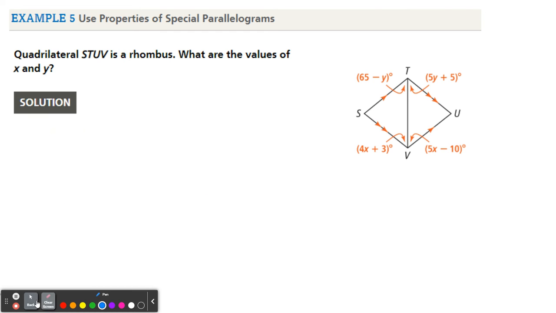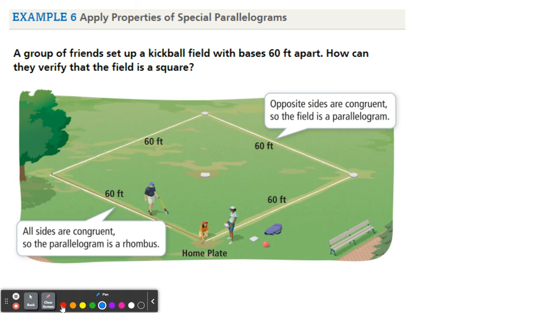And last but not least, another application with not so much algebra. It says a group of friends set up a kickball field with bases 60 feet apart. How can they verify that the field is a square? If you notice here, you have all 4 sides congruent.